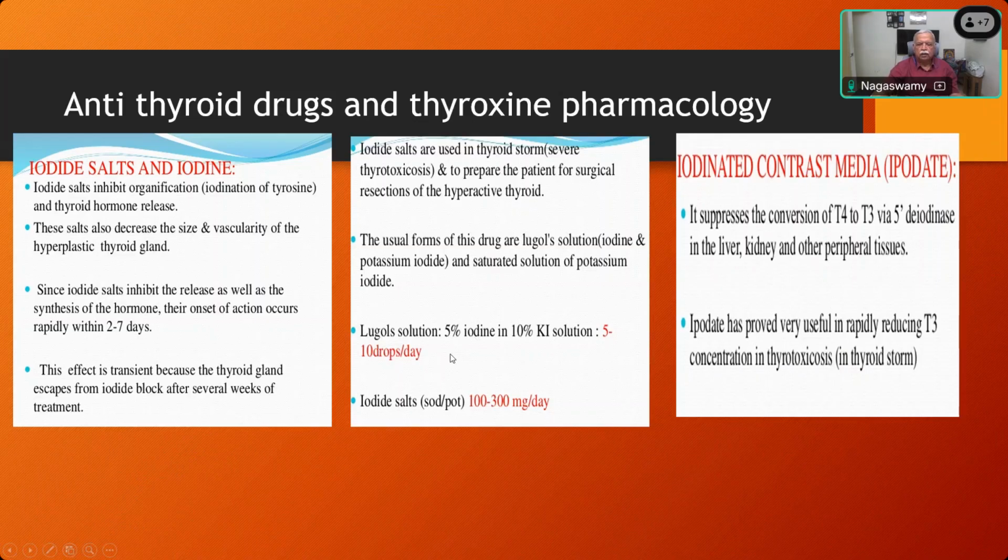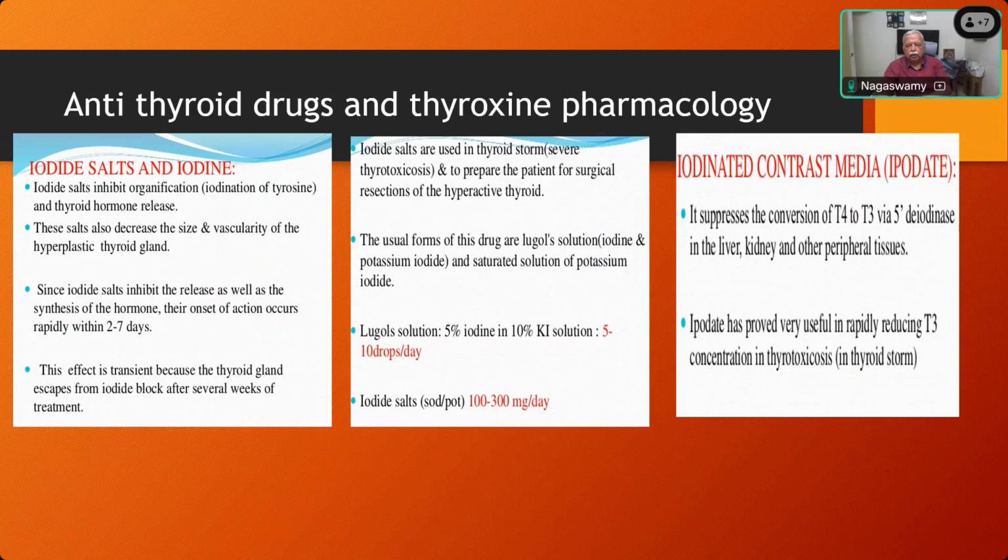And the common question is how soon after stopping this drug you should operate on the patient. This is given to reduce the vascularity and the intraoperative bleeding. So you start it at least 1 week prior to the surgery, and then you stop that.